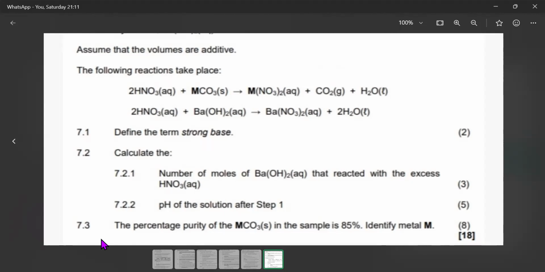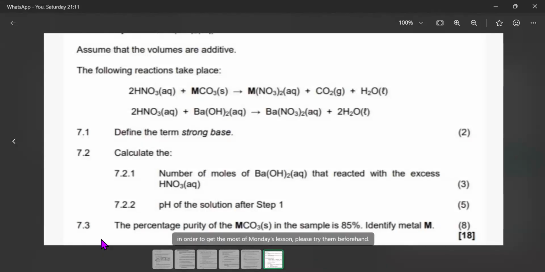Well, even if you don't say before we do step 2, but it's after step 1. So after step 1, we know that nitric acid was in excess. That's the most important thing. Before we reacted this with barium hydroxide. I hope you get what I'm saying to you.